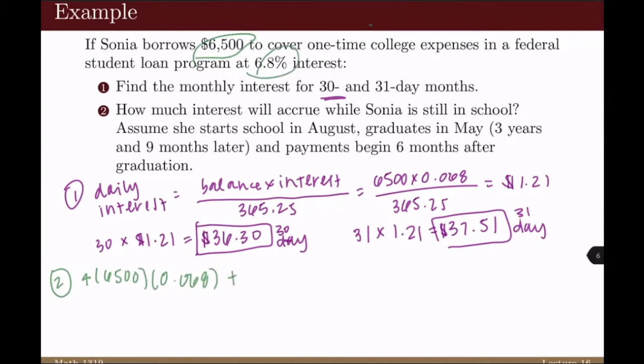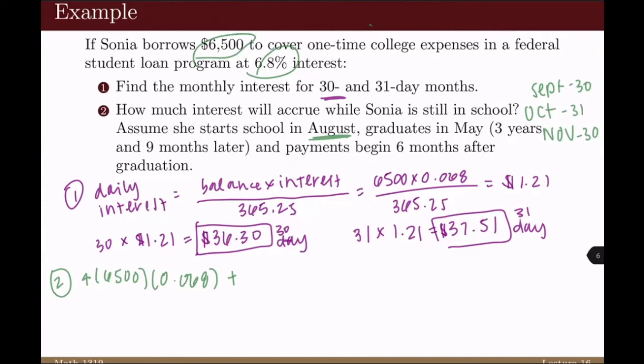Since she pulled out the loan in August, that means the 3 months after August are going to be September, October, and November. September has 30 days, October has 31, and November has 30 days. So that means we will have 2 30-day months of interest to pay and 1 31-day.